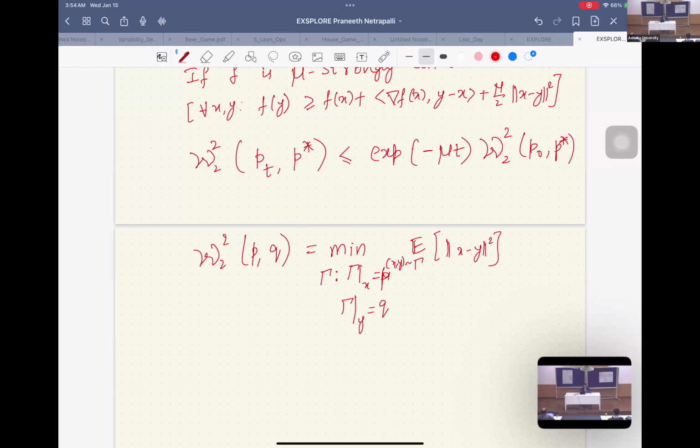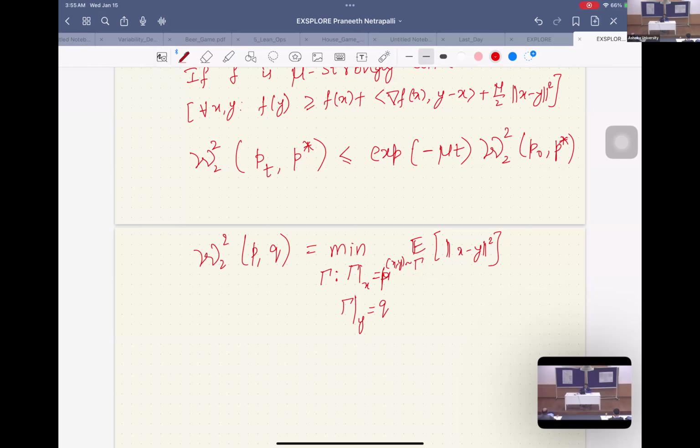So we want the best possible coupling between X and Y, where X comes from P and Y comes from Q, and the minimum distance squared we can have. For now, it suffices to say that W2 squared of P and Q is equal to 0 if and only if P is equal to Q.